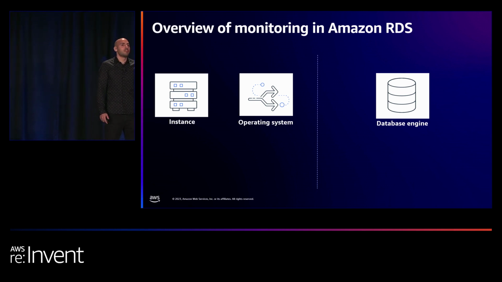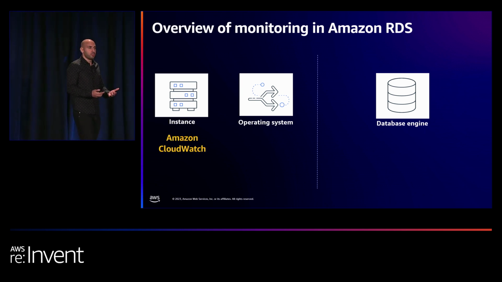Now let's start to dive a bit deeper. There are actually several different levels of monitoring in Amazon RDS: instance level, operating system level, and database engine level. For instance level, we encourage you to use Amazon CloudWatch, which I'm sure many of you are familiar with. Amazon CloudWatch is the main AWS service for monitoring and observability.